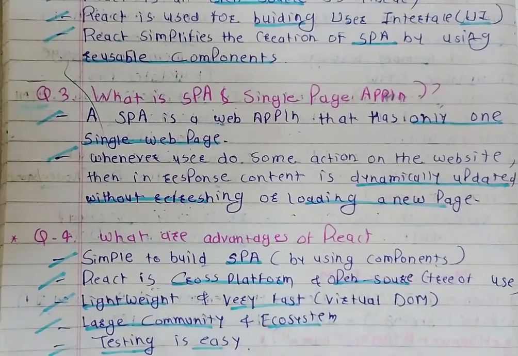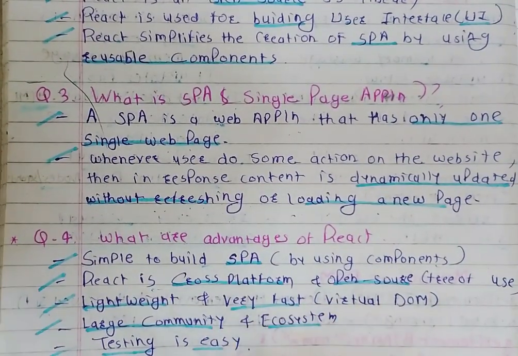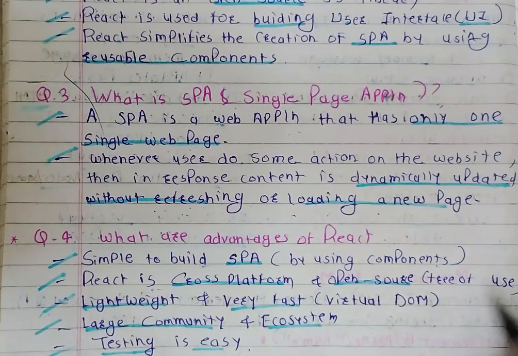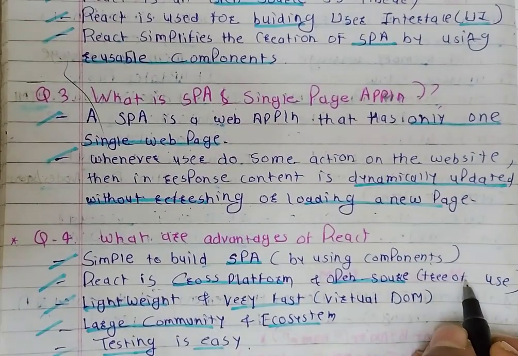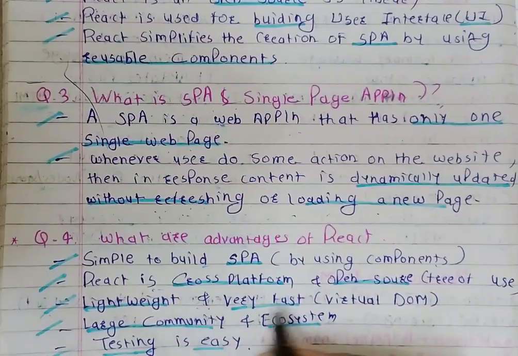Cross-platform simply means it can run on every operating system and every browser. And it is open source and free to use, so we need not pay anything for using React. And then it is lightweight and very fast.